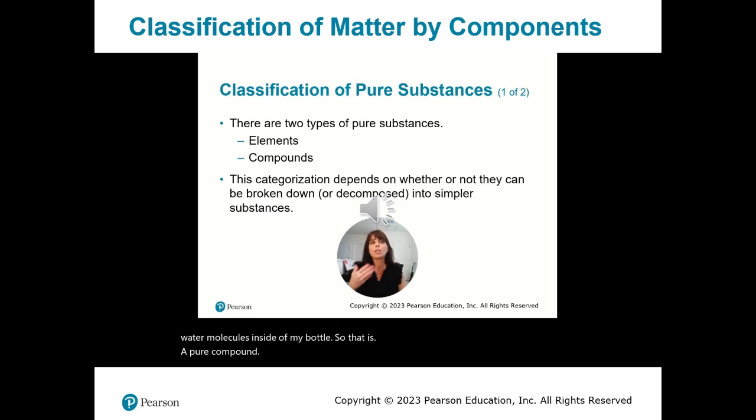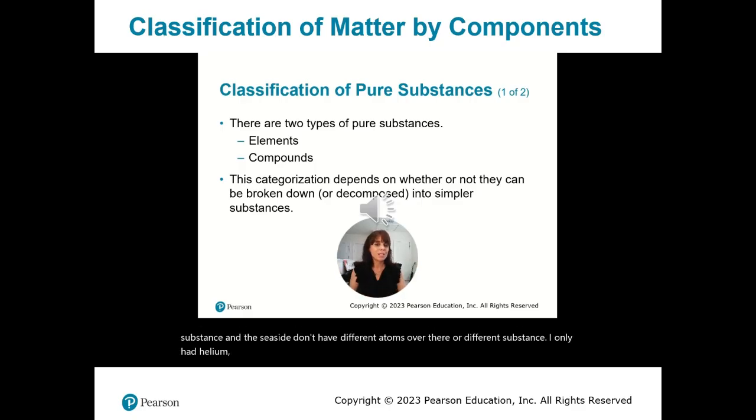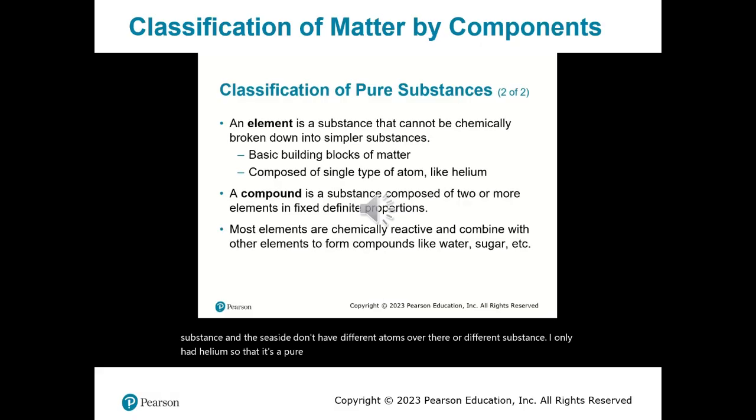If I have a balloon full of helium, it's a pure element, so it's a pure substance. Since I don't have different atoms or different substances, I only have helium, it's a pure substance made by one element.